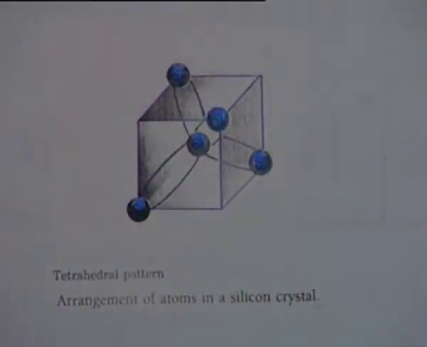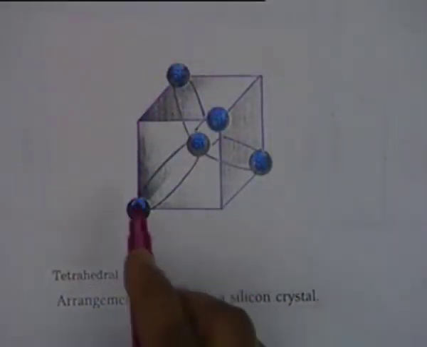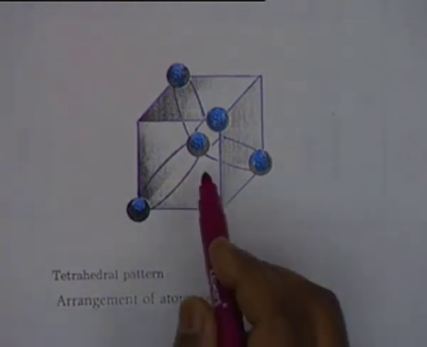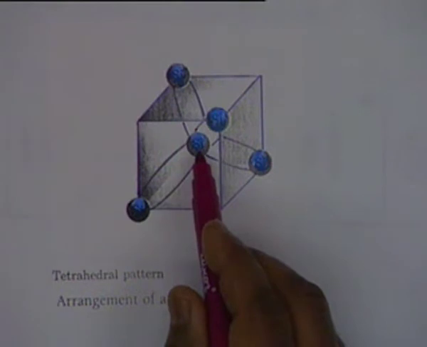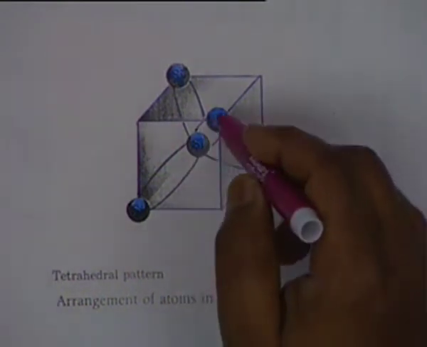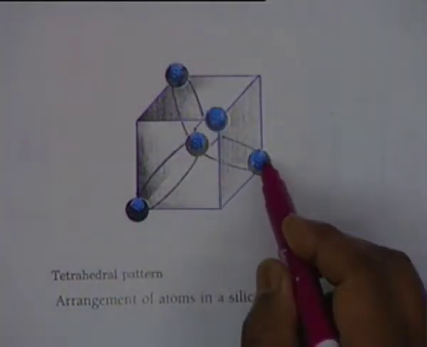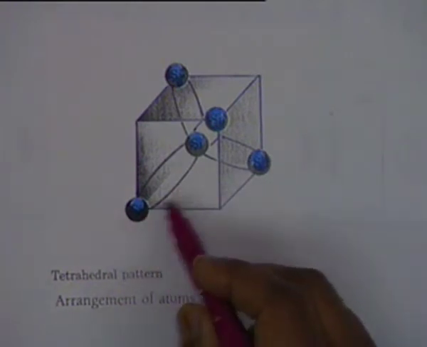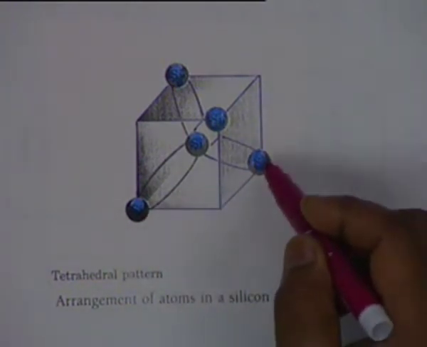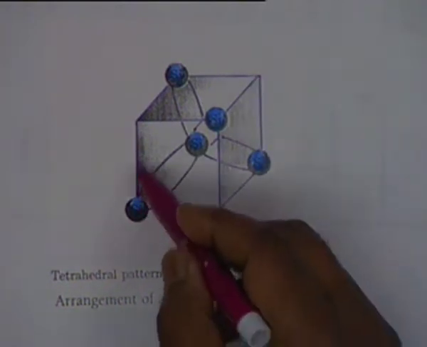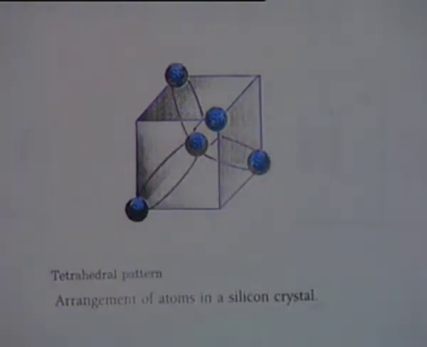If you consider space to be occupied by cubes like this, then silicon atoms place themselves, one at the center of the cube, 2 at the upper face, opposite corners, that is diagonal positions, and 2 on the lower face, again at opposite corners. Well, the corner corresponding to this is unoccupied, the corner corresponding to this is unoccupied.